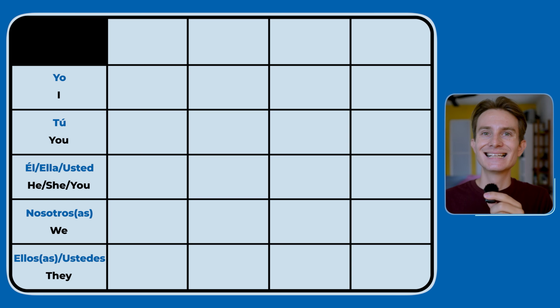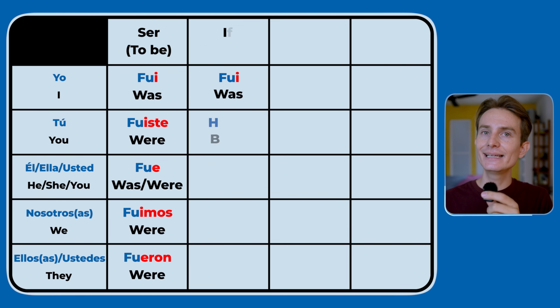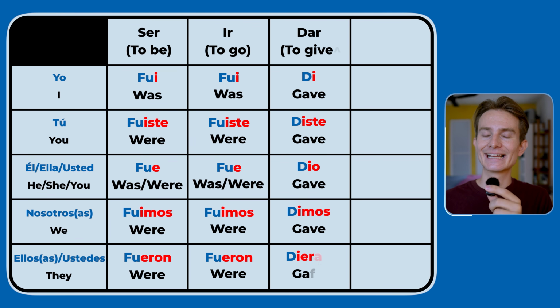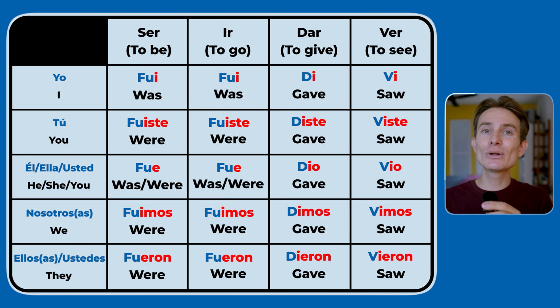Now, we do have various irregular verbs in the preterite tense, and here are some of the most common ones that we use. Ser, ir, dar, and ver. Notice that ser and ir are exactly the same in the preterite tense. My advice to you is don't worry too much about using ser in the preterite tense.